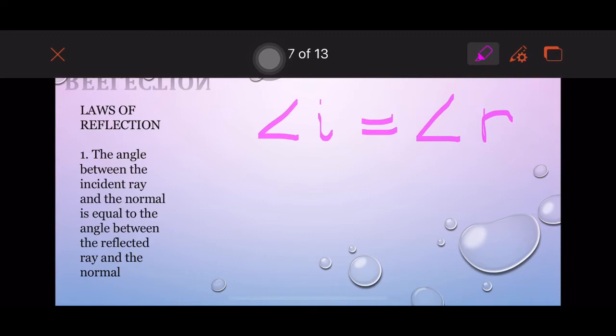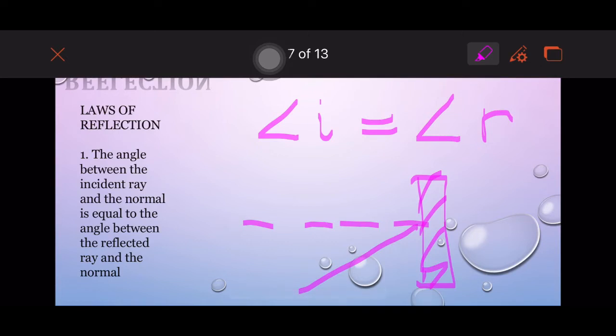So if we draw that, this is the normal, this is our incident ray, and this is our reflected ray. This angle I is equal to this angle, which is angle R. That's the first law of reflection.